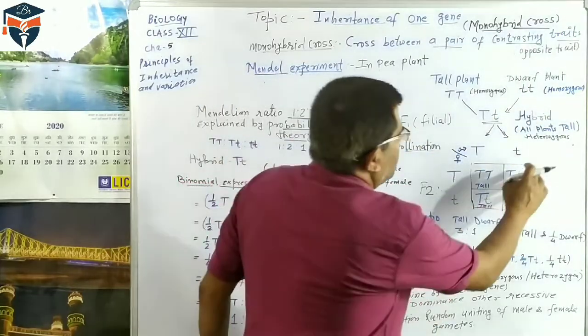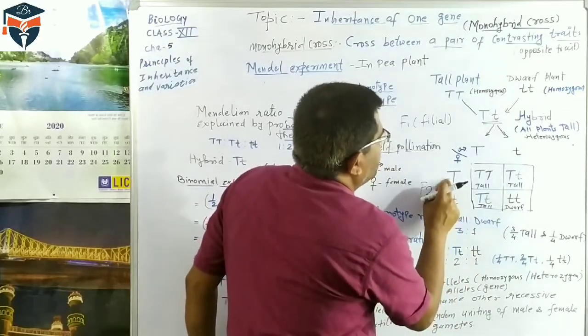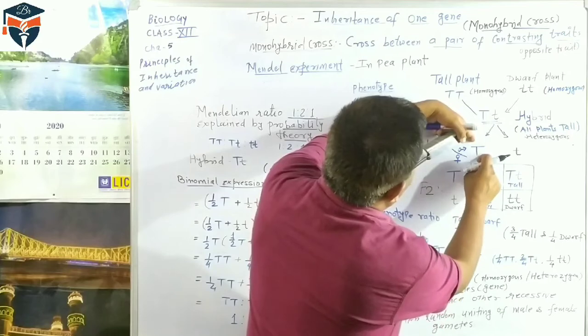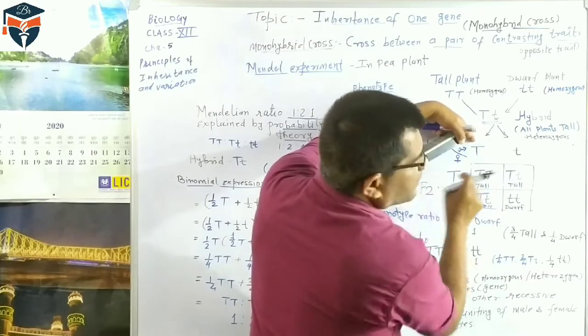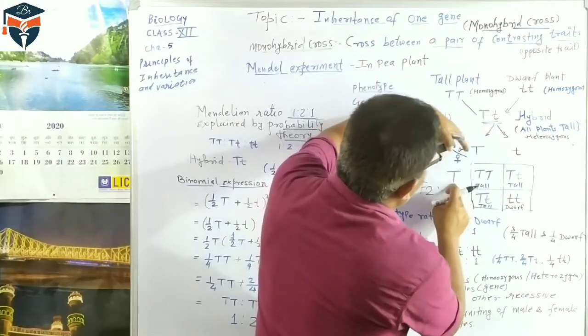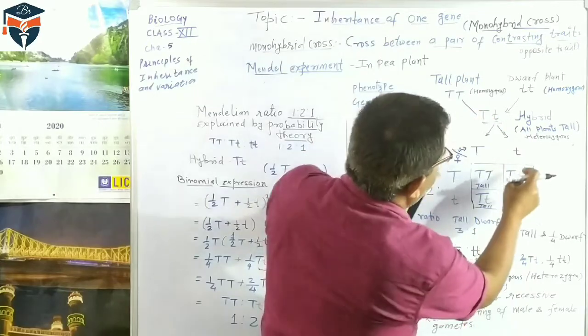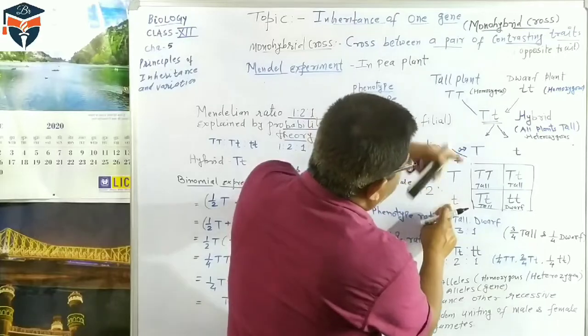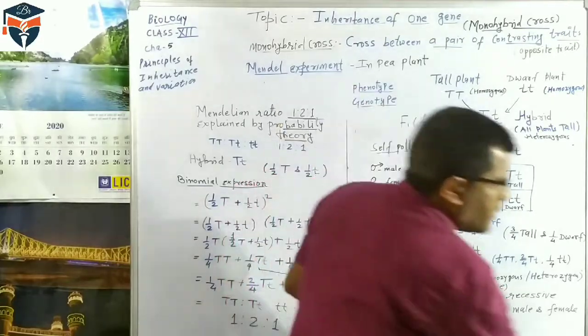So how to obtain this? When you cross this capital T with this capital T, you get capital T capital T. Then this capital T crossed with the small t gives capital T and small t. Now small t and capital T, this we have to cross.